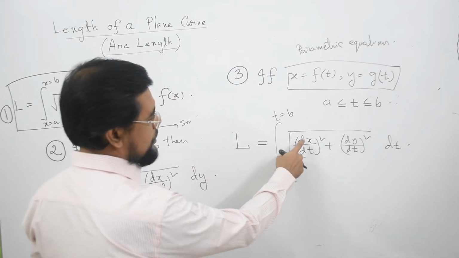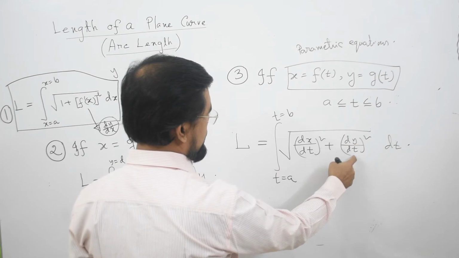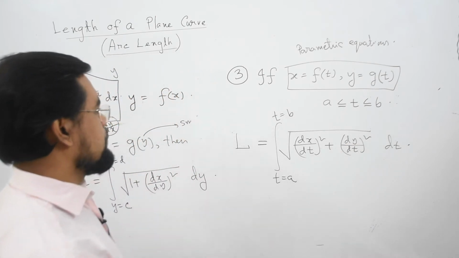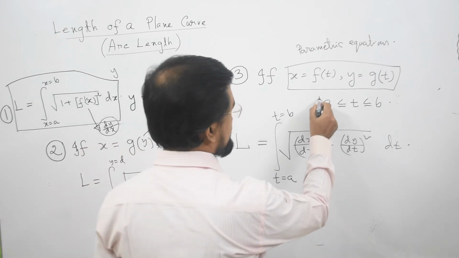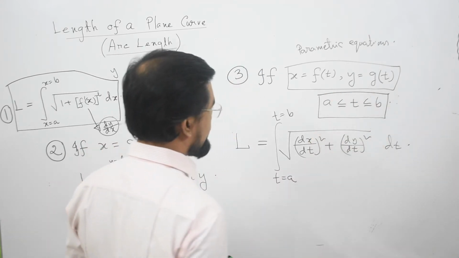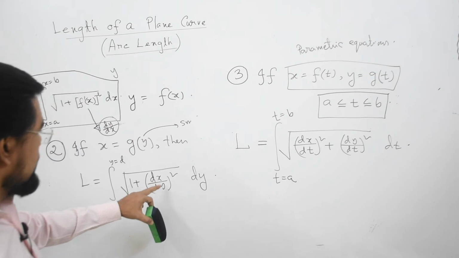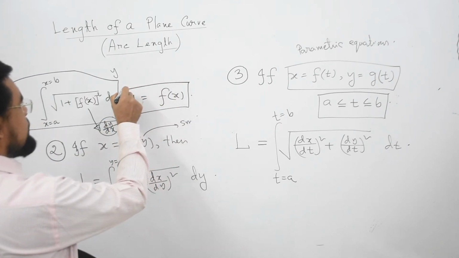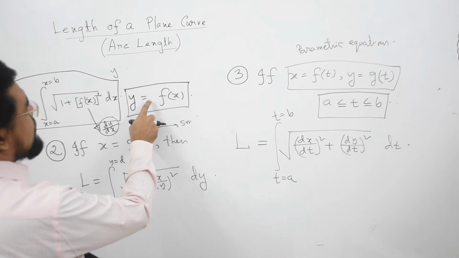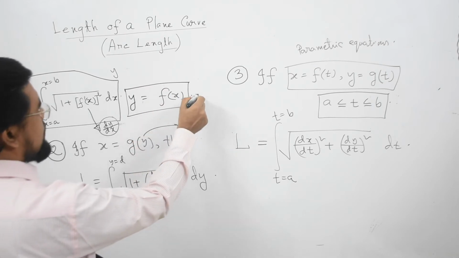But of course dx/dt and dy/dt should be continuous within this interval. And here the function y equal to f(x) should be a smooth curve and continuous, which means continuous on this interval a to b.